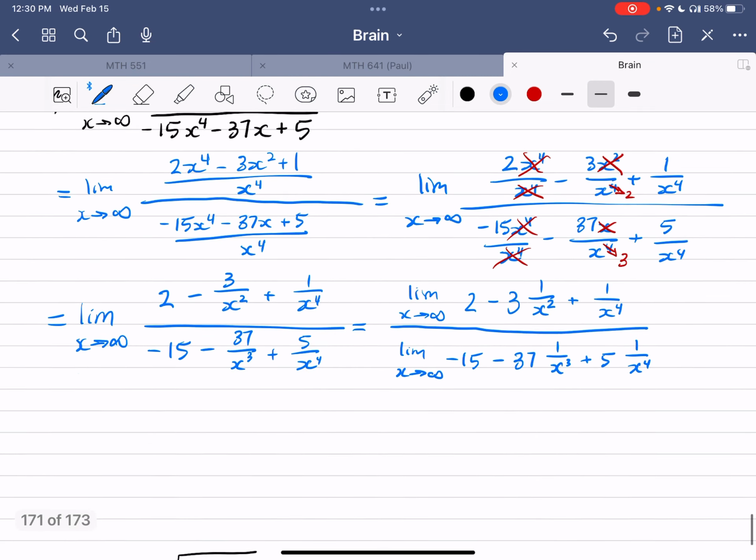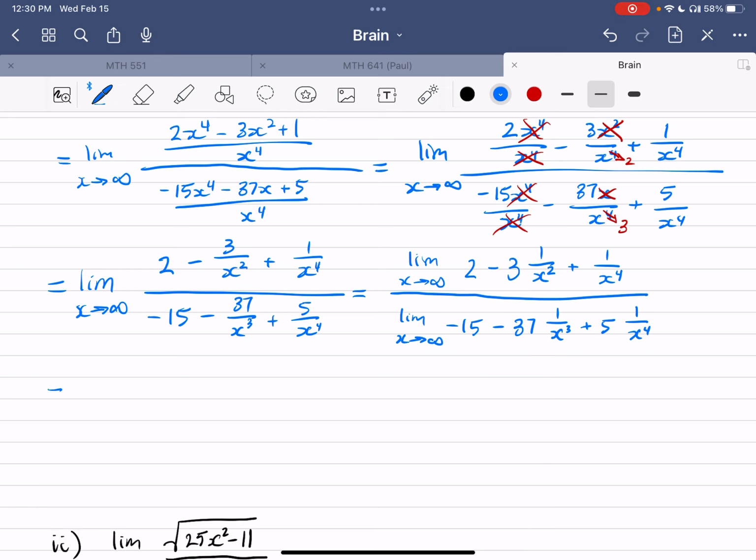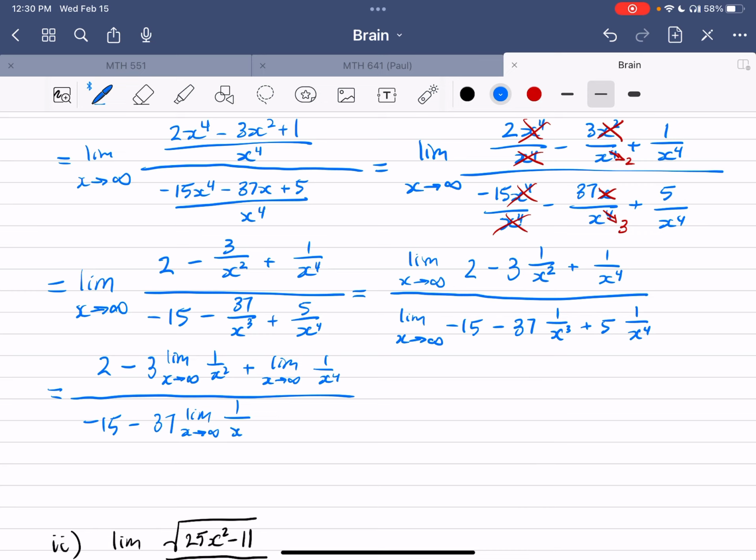Now I'm going to push this limit all the way through to the terms, and we get the limit of a constant is a constant, minus 3 times the limit as x goes to infinity of 1 over x squared, plus the limit as x goes to infinity of 1 over x to the fourth, divided by negative 15 minus 37 times the limit as x goes to infinity of 1 over x cubed, plus 5 times the limit as x goes to infinity of 1 over x to the fourth.